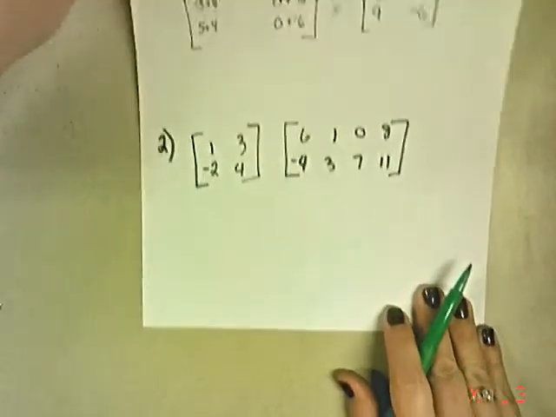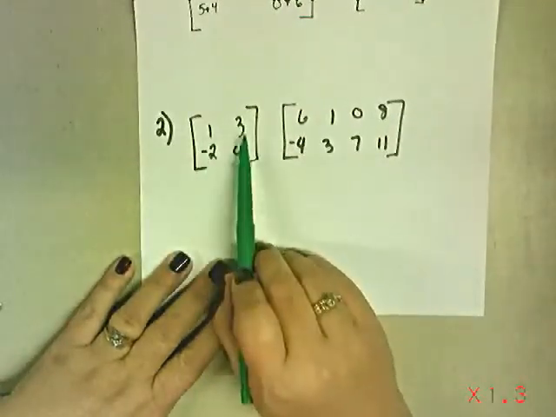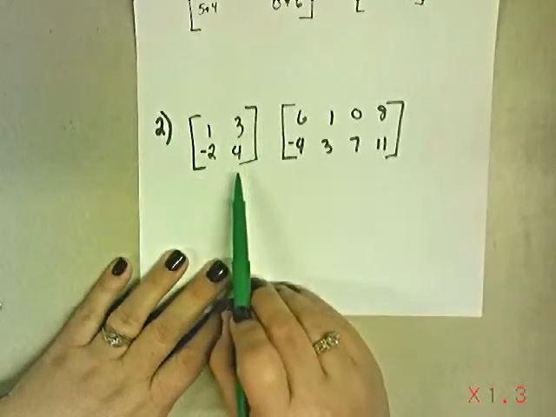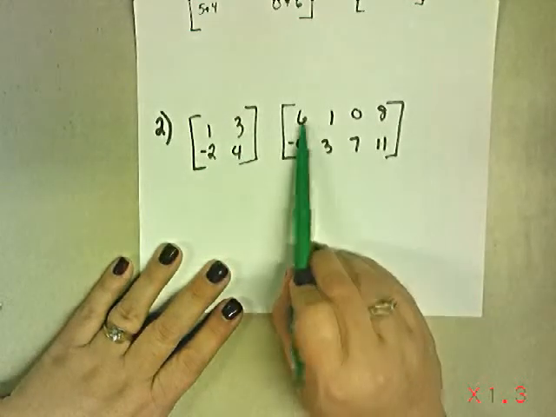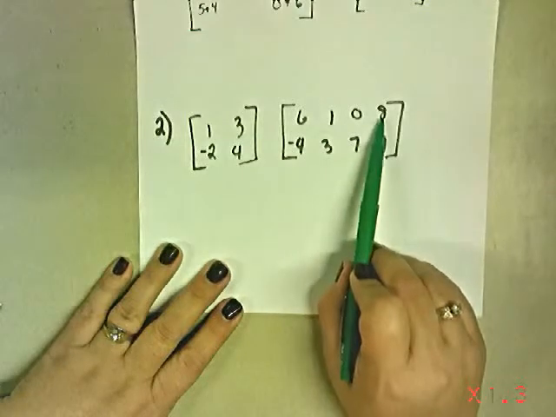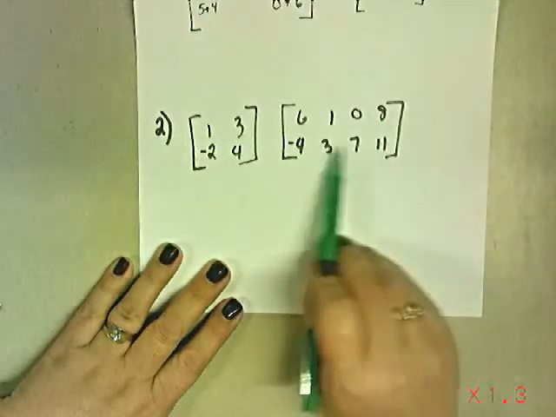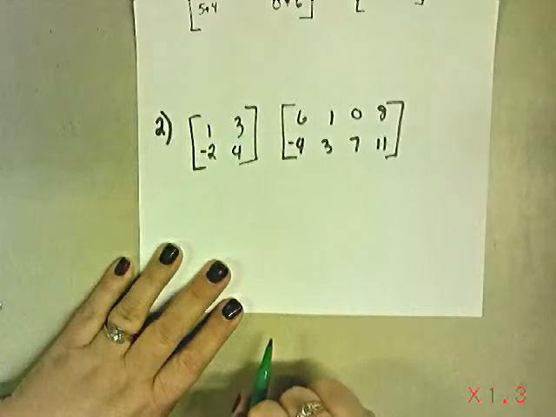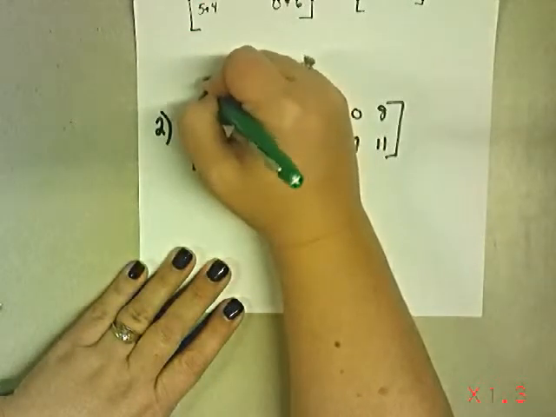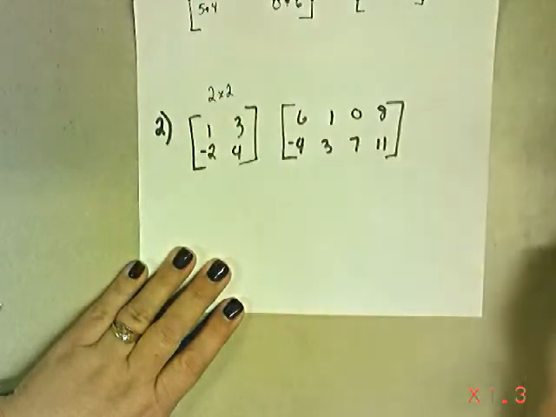All right, let's look at example number 2. So that's 1, 3, negative 2, 4, and then 6, 1, 0, 8, negative 4, 3, 7, 11. So this one's a 2 by 2.